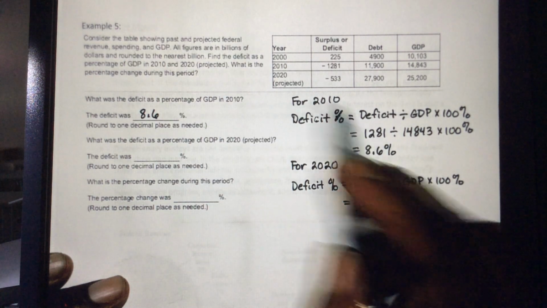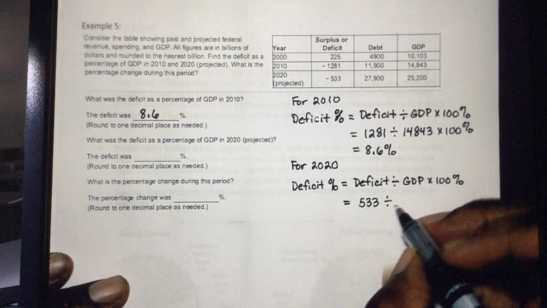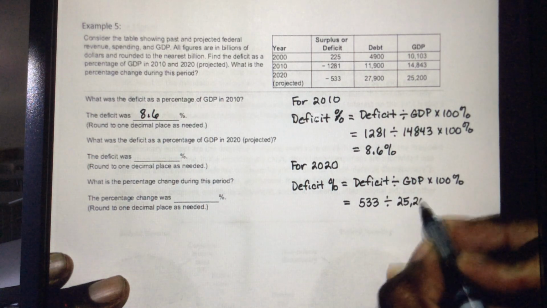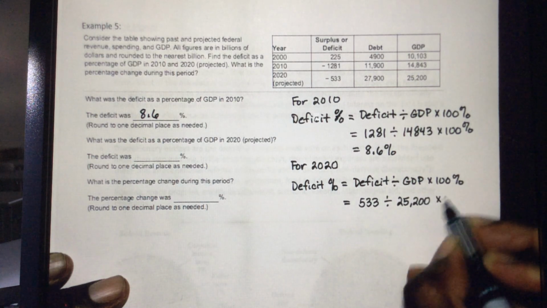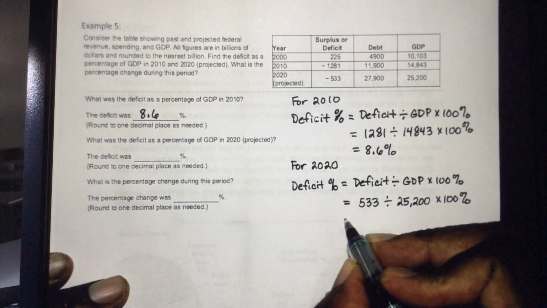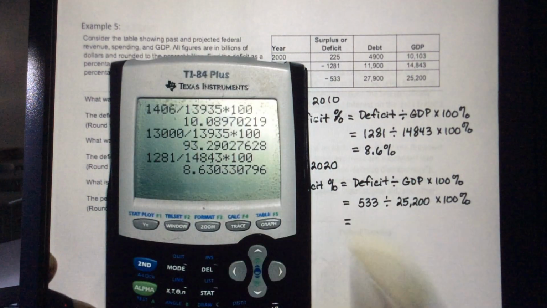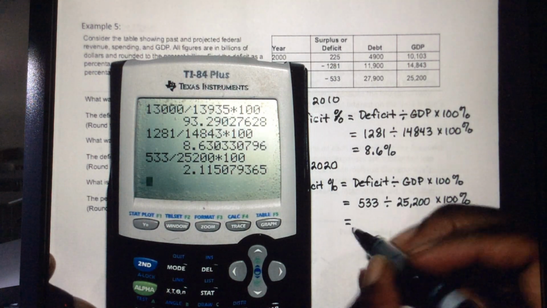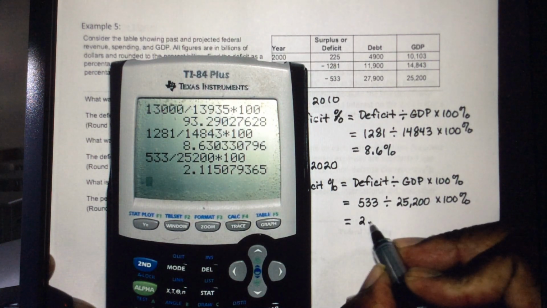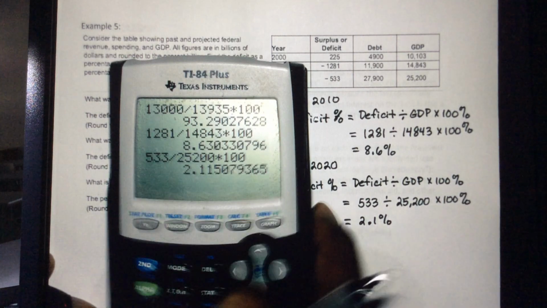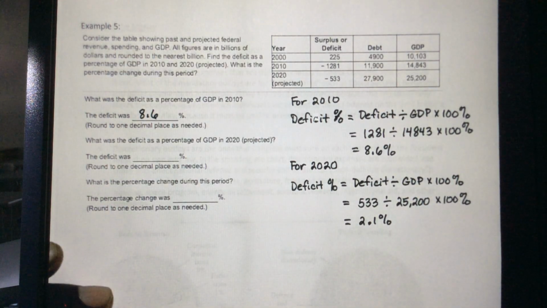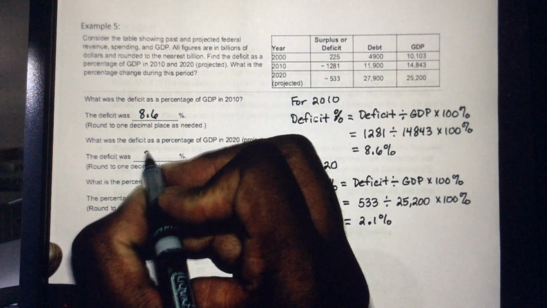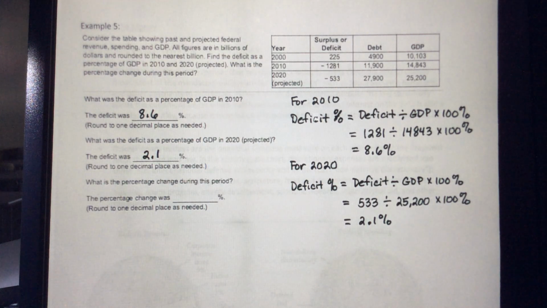Divide that by the GDP in 2020, which will be 25,200, times 100%. So here, 533 divided by 25,200 times 100. To one decimal place, this will be approximately 2.1%. So the deficit as a percentage of GDP in 2020 projected will be 2.1%.